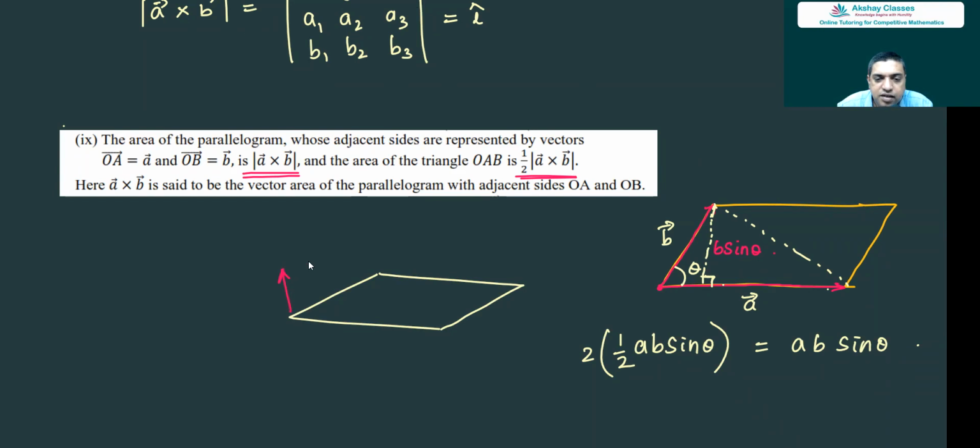This will be the direction of the area vector. So generally we don't show it at the end. The area vector, we show the direction of the area vector perpendicular to the area.